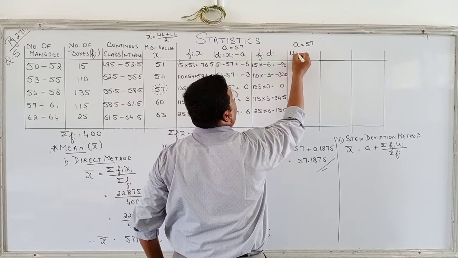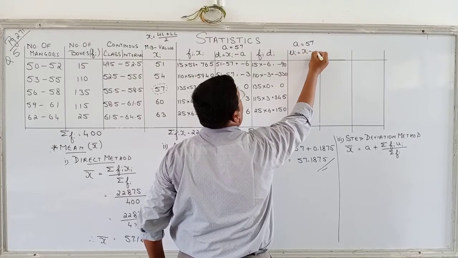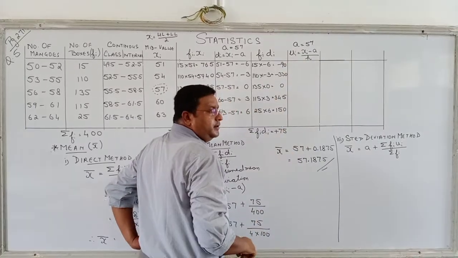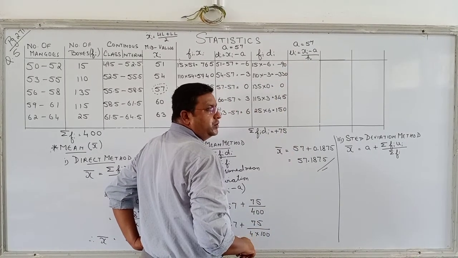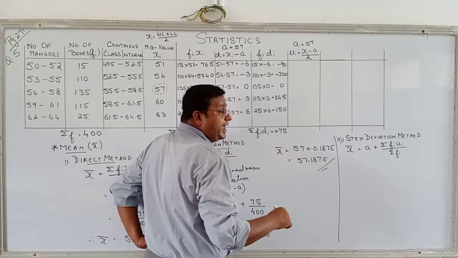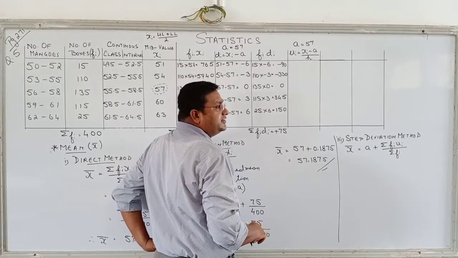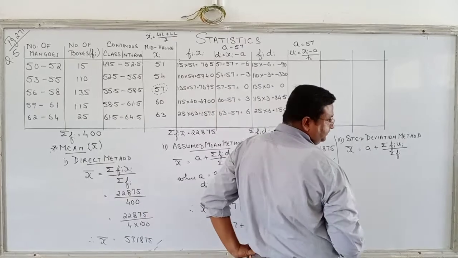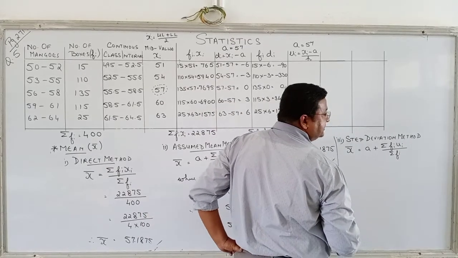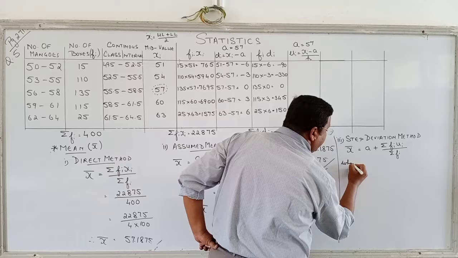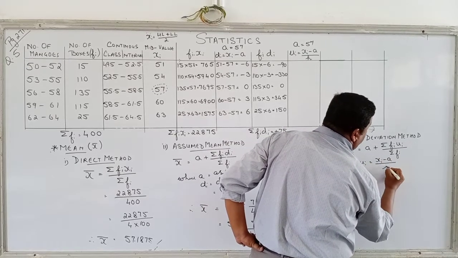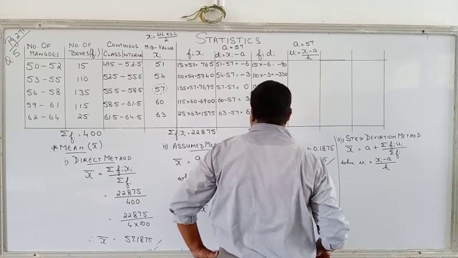So Ui we are calculating: Xi minus A upon H. Clear? Now what is H? H is the class size, where Ui is equal to Xi minus A upon H. What is H?